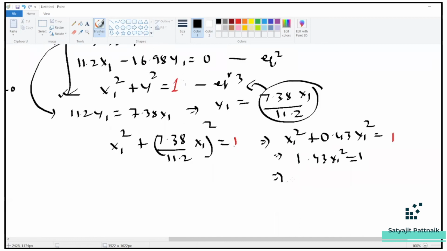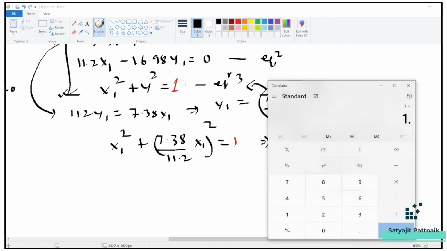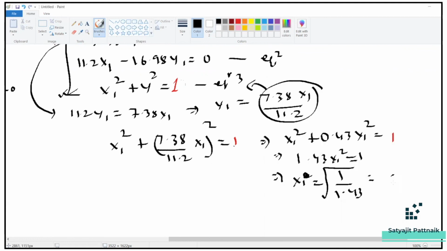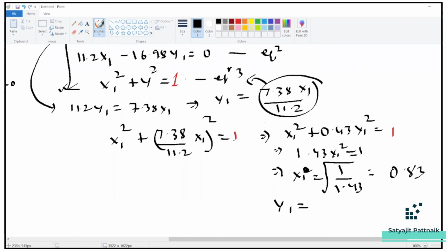So what is x1 square? It equals 1 by 1.43. So x1 equals the root of this, right? So 1 divided by 1.43, whatever, it's root over 0.83. So x1 is 0.83. So what is y1? y1 is going to be this thing, right? 7.38 into 0.83 divided by 11.2.